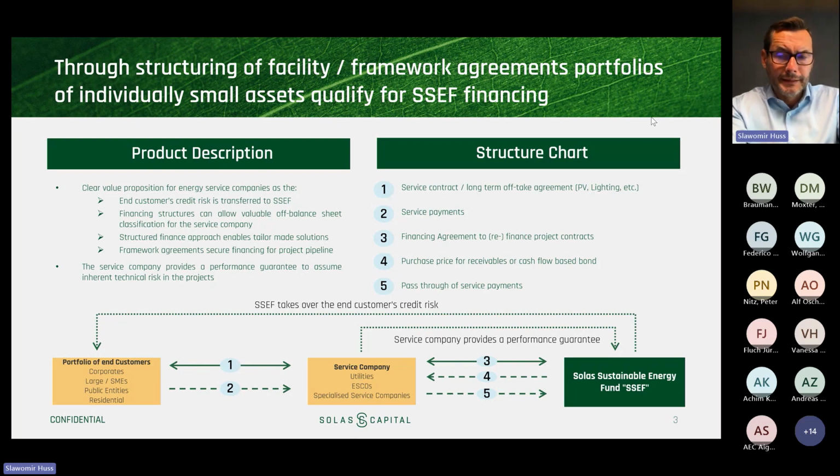On one hand, that is flexible for the service partner, so for the ESCO or for the technology provider. For example, giving them a true sale, so off balance sheet for them.